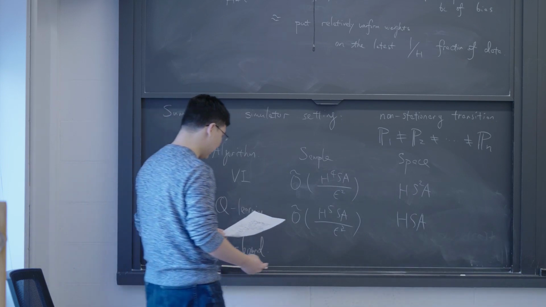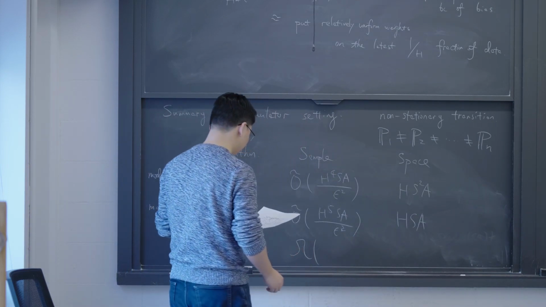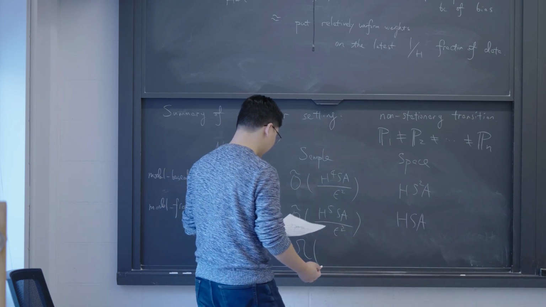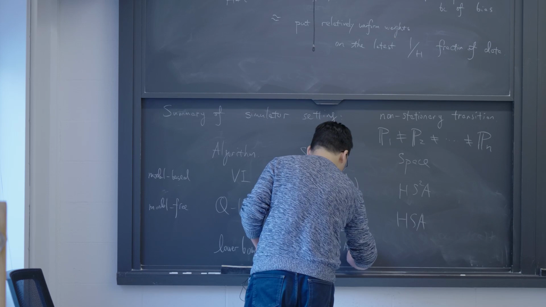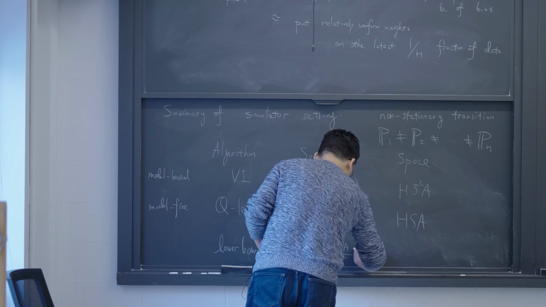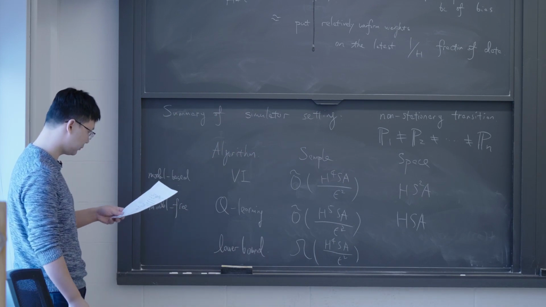So essentially any algorithm in the worst case needs to pay at least this amount of samples to learn the optimal policy well.